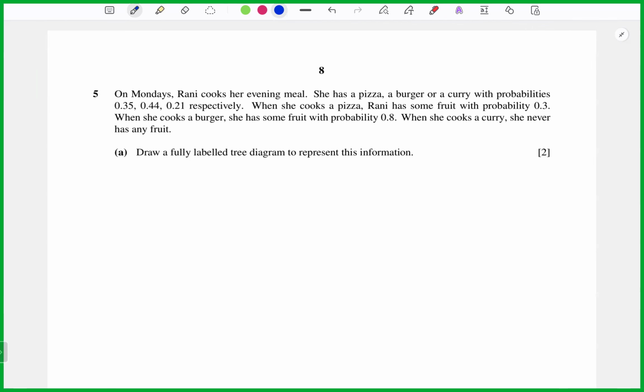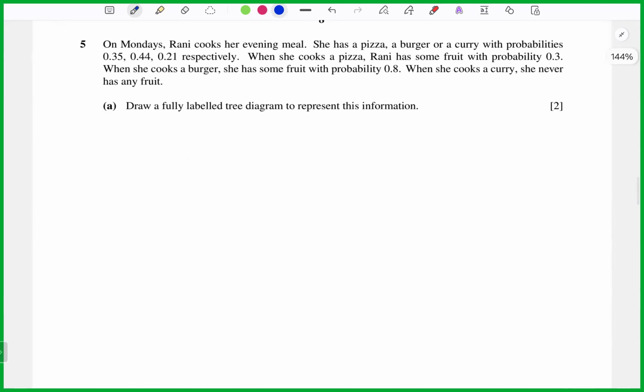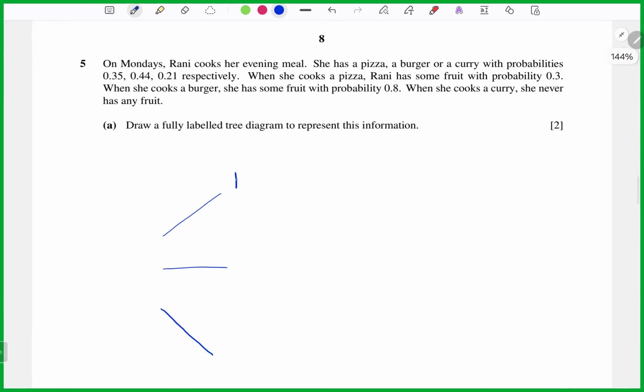So now you need to draw the tree diagram, right? Now we separate these cases here. This is pizza, with probability 0.35.